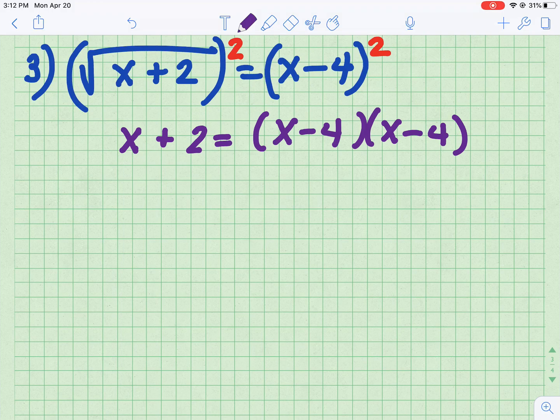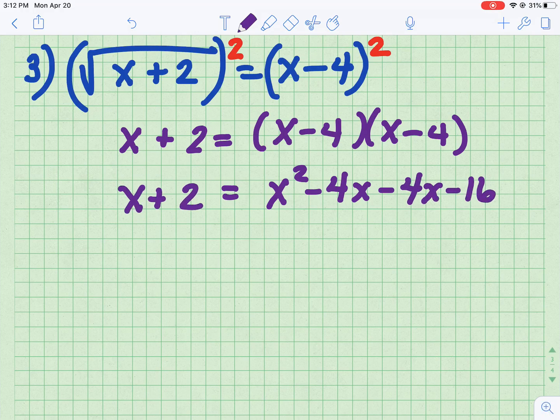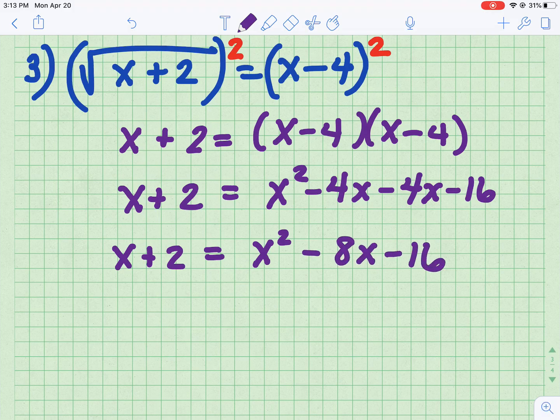And so some of you may be seeing this is not going to be as easy as the other problem. So what you have then is x squared minus 4x minus 4x minus 16. And some of you don't need the step I just did. That's okay. So I have x plus 2 equals x squared minus 8x minus 16.